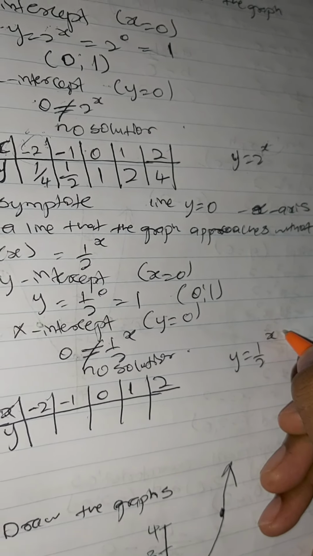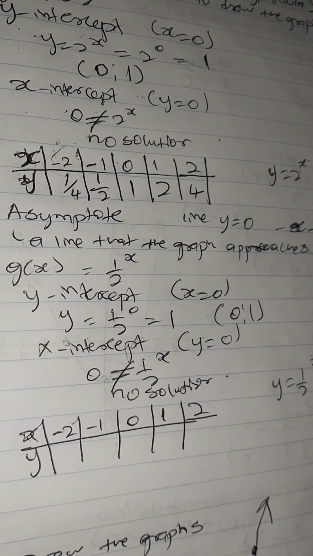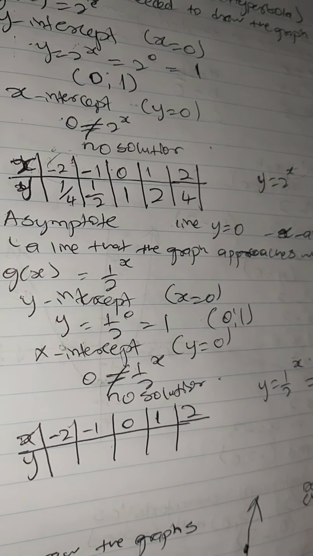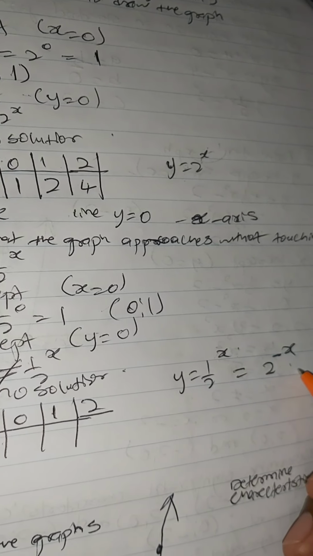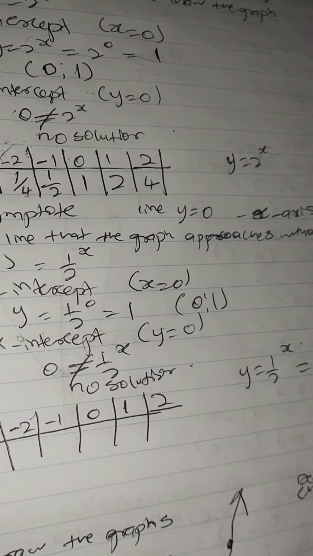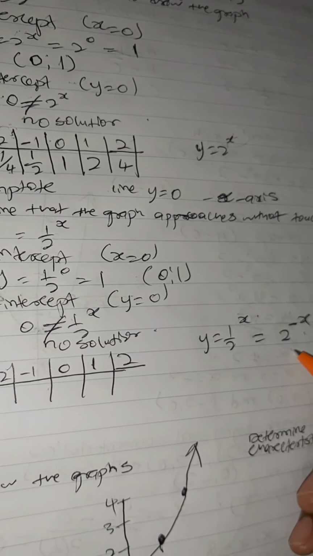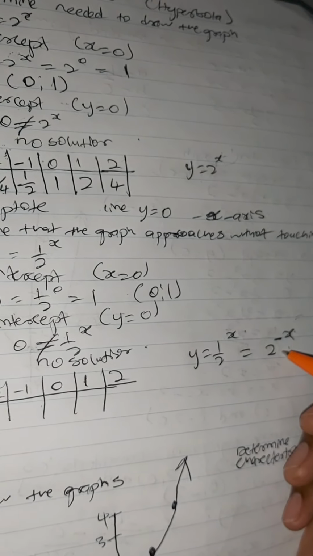We know half exponent x is the same as 2 exponent minus x, right? So half exponent x is 2 exponent minus x. First, we're replacing -2 here. If we put -2 here, we're going to have 2 exponent -2, which is 1/4.